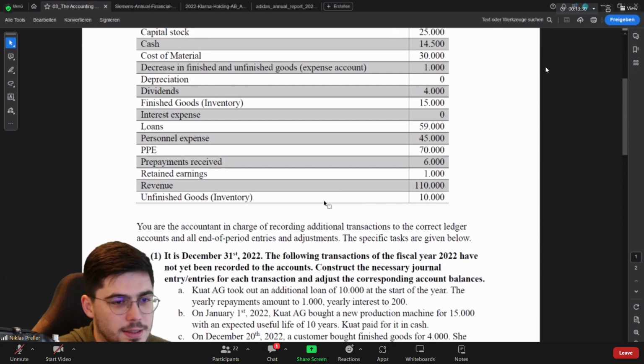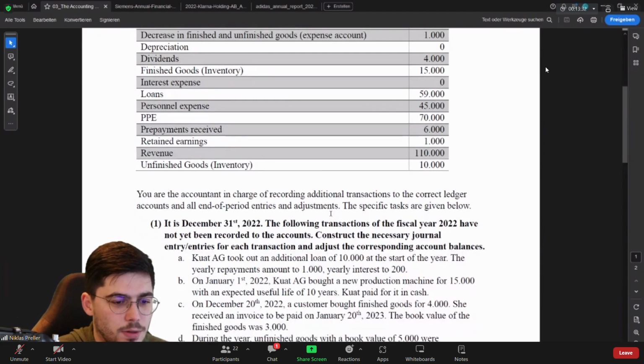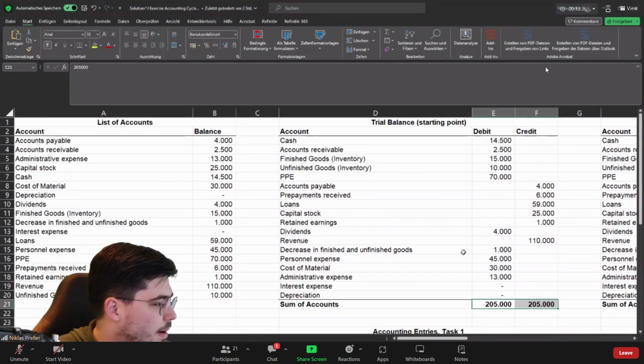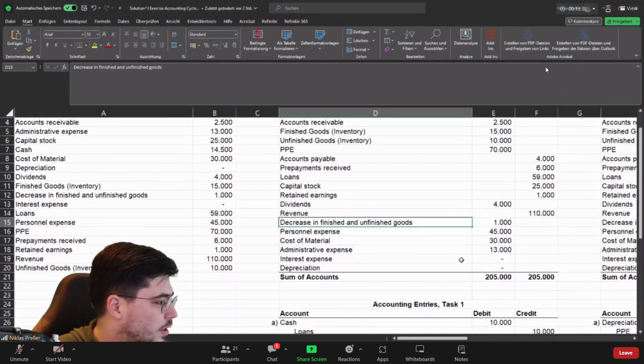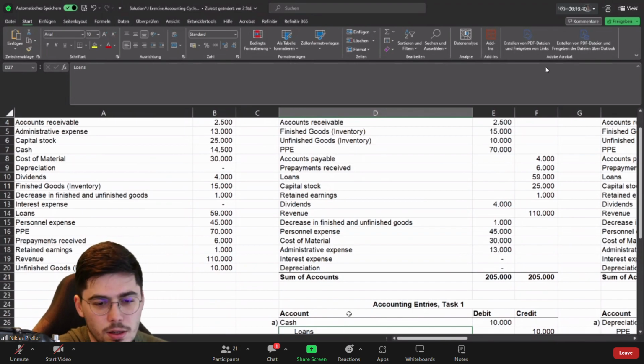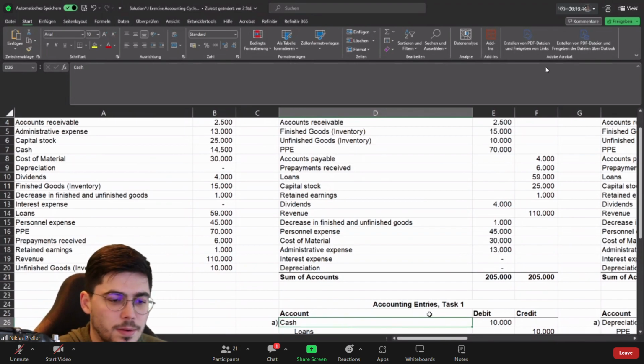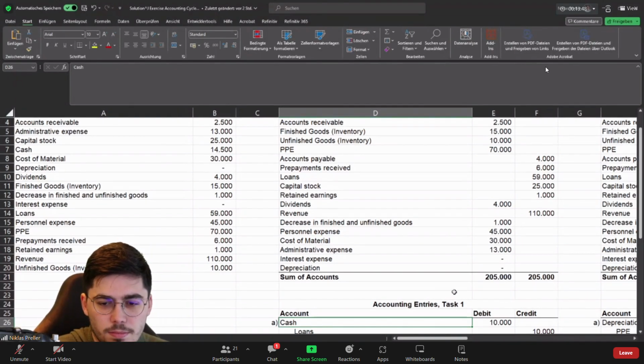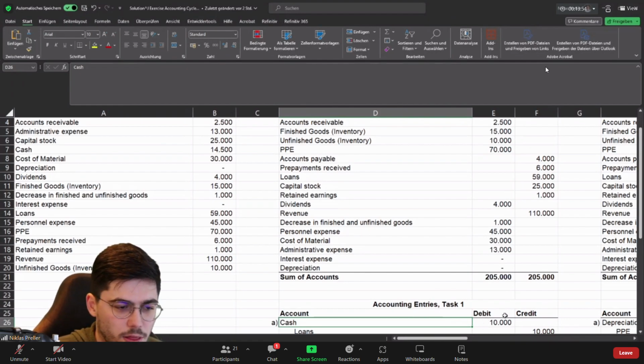So we raise the cash account, and we do that on the debit side. So the accounting entry down here would be cash to loans 10,000. So we have cash 10,000 on the debit side and loans 10,000 on the credit side. That is the first one.